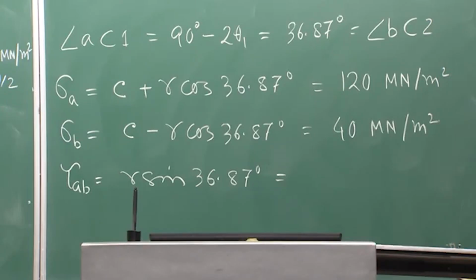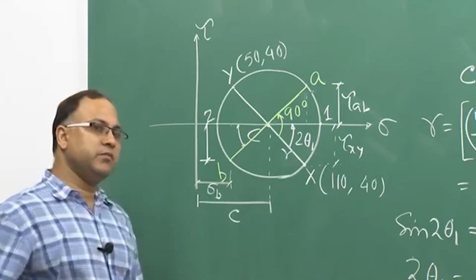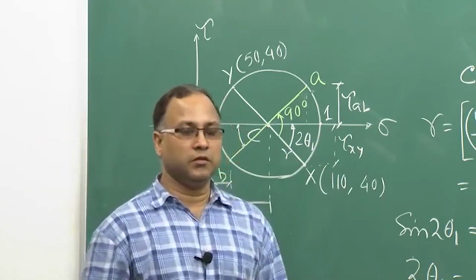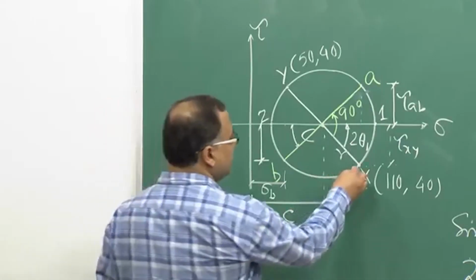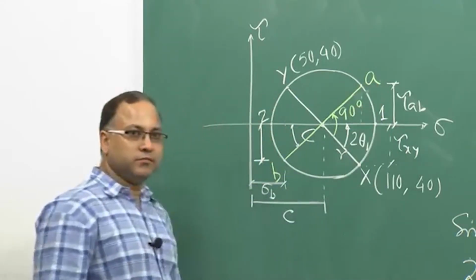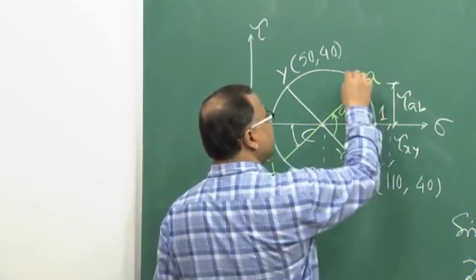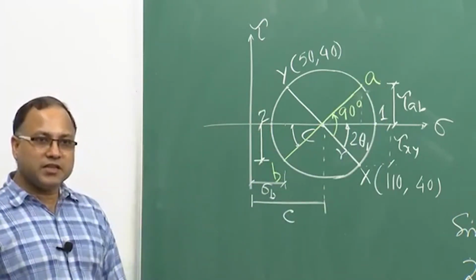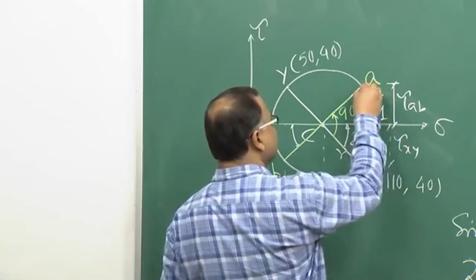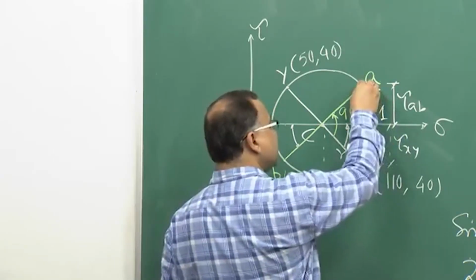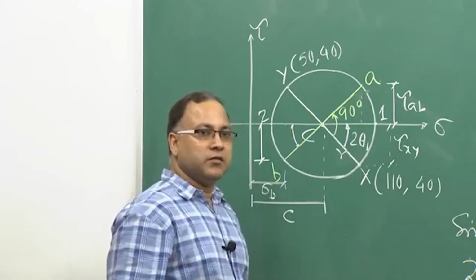Sigma A is positive, fine, because that is in the positive sigma direction. Sigma B is also positive. Now, what about tau AB? Is it positive or negative? You just look at this, x point is getting mapped to A point. That means, if A point is coming above the sigma axis, then that shear stress is negative as per our sign convention, because x is getting rotated to point A. So, A is lying now above the sigma axis.